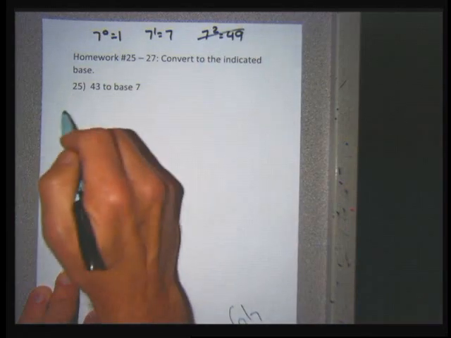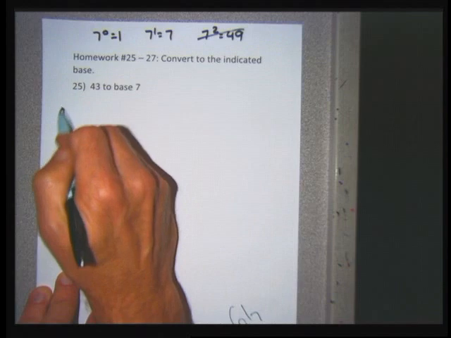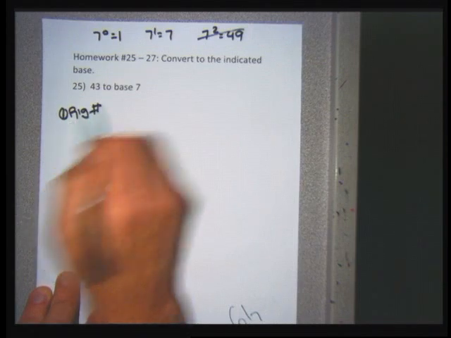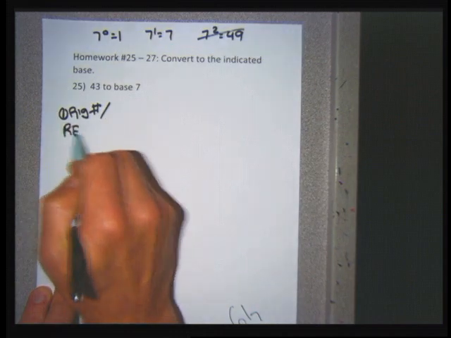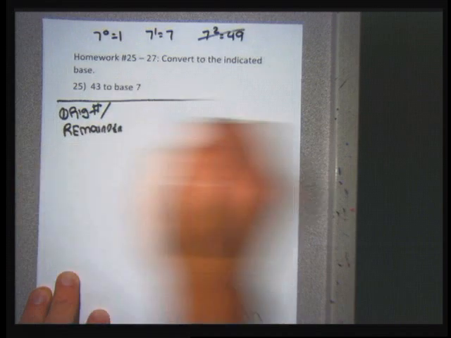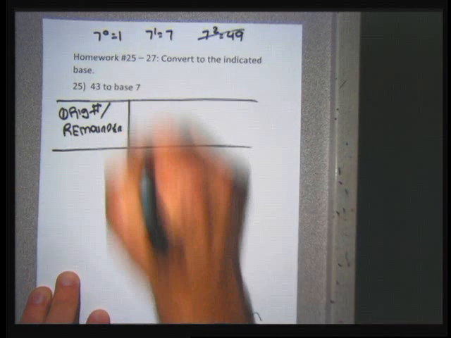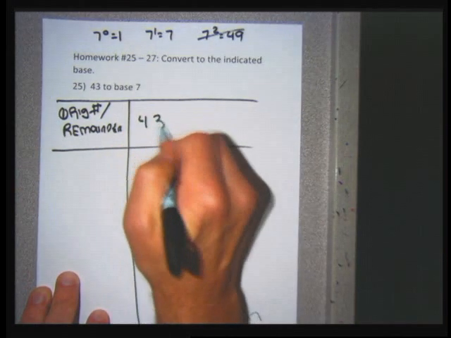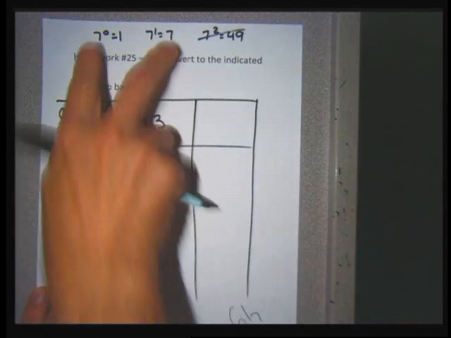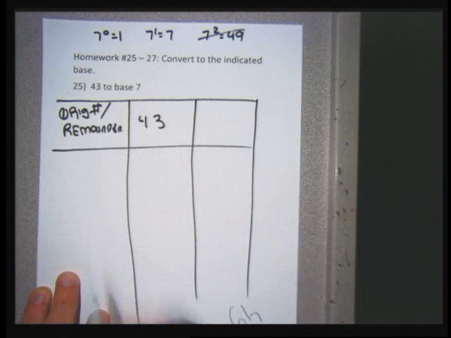So I'm going to start off with either the original number or the remainder. And I know that that's going to start with a 43 because that's my given number. And I'm only going to have 2 columns to this. It's a really nice problem because there's only 2 powers of 7 that are less than 43.